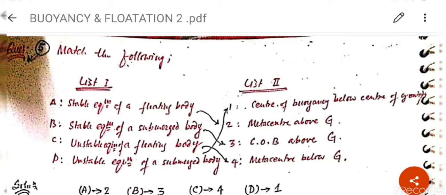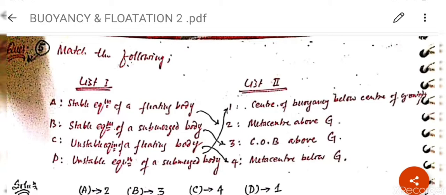Next case, unstable equilibrium of a floating body. Answer will be center of buoyancy below center of gravity. Clear. Fourth point, unstable equilibrium of a submerged body. Metacenter is above G. This is the arrow given in the question. Clear.